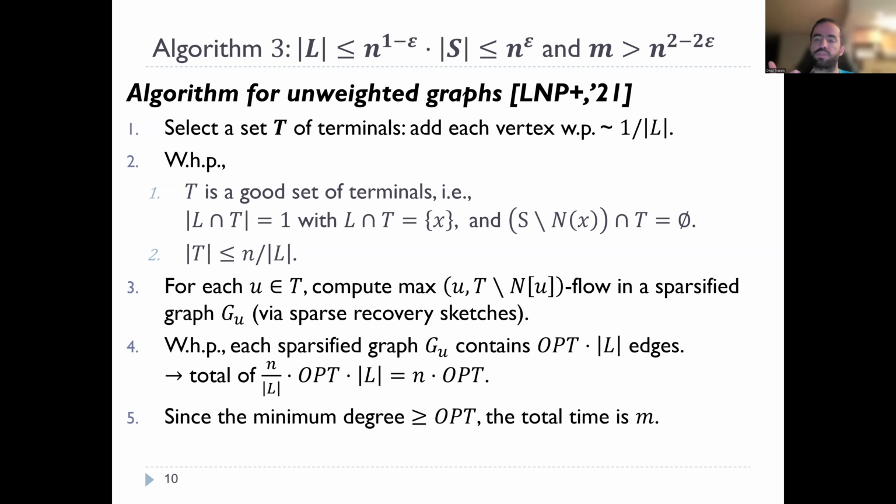Optimum is the number of edges in the global minimum cut. And so the total running time is n over L times optimum times L, which is just n times opt. Now, since the minimum degree of every node is at least the optimum, the total time is just near linear.